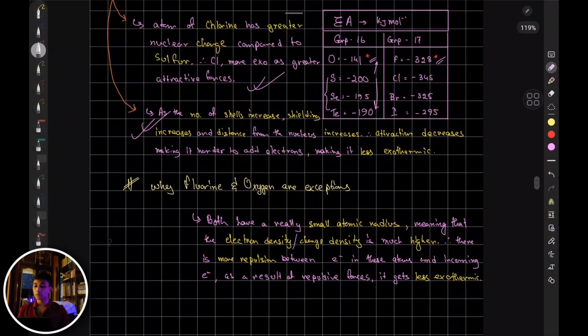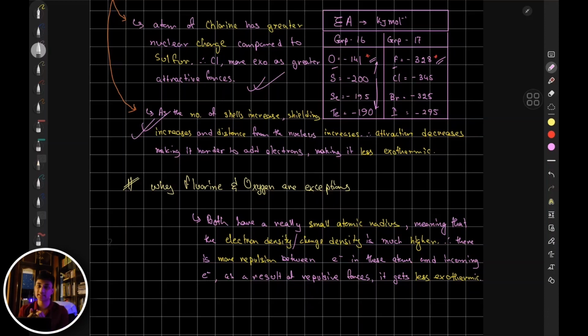Because both oxygen and fluorine are really small compared to sulfur, selenium, and chlorine or bromine. Oxygen and fluorine atoms are much smaller. As a result, the electrons are far more crowded in a way.